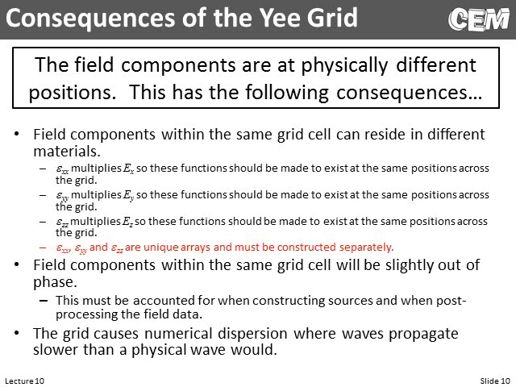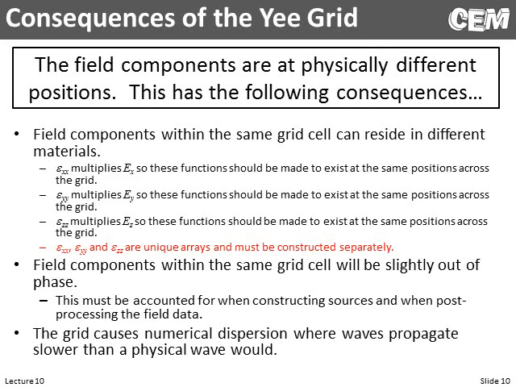So even though it's the X, Y, and Z components of the electric field or magnetic field within the same cell, they're out of phase. So we can't immediately combine them. They're not immediately compatible.